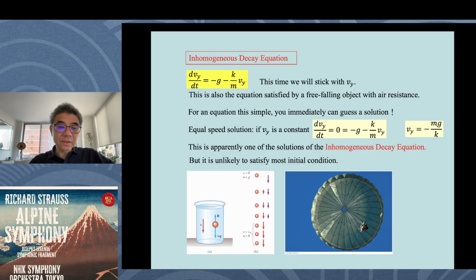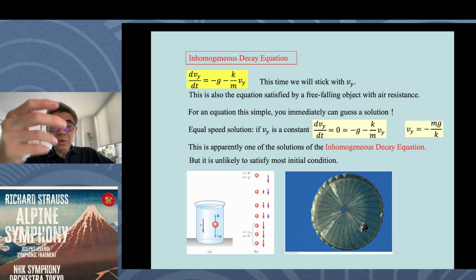However, this is apparently one of the solutions of the inhomogeneous decay equation, but it is unlikely to satisfy most initial conditions. And we know that in almost all free fall motion with air resistance, the speed will change.